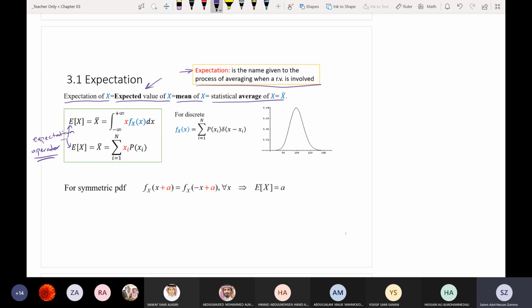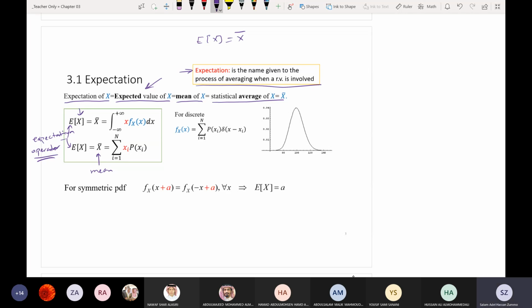And the result, if we put x inside here, gives me the mean, the average. Here we call it the mean or average and so on. So the average in general can be written as expected value of x or x bar.